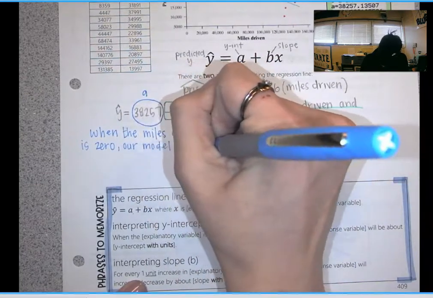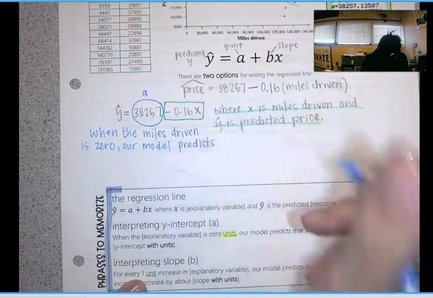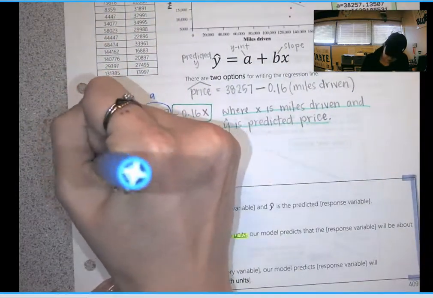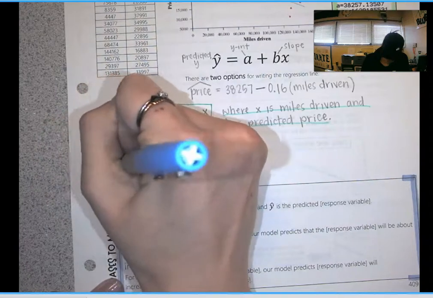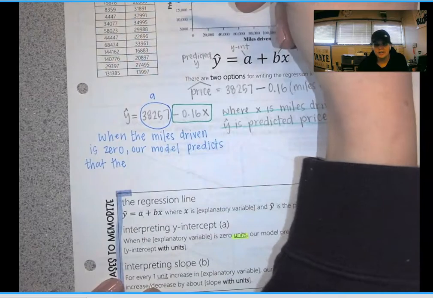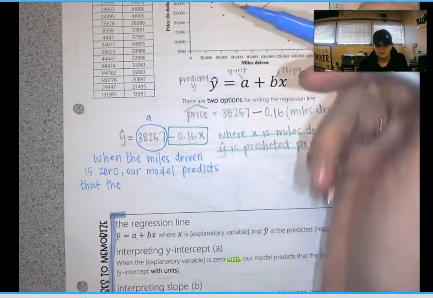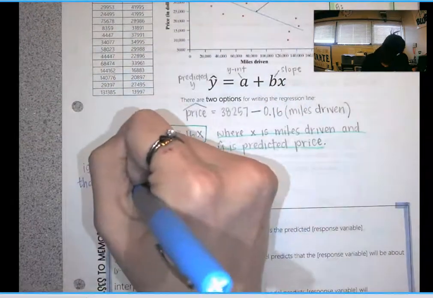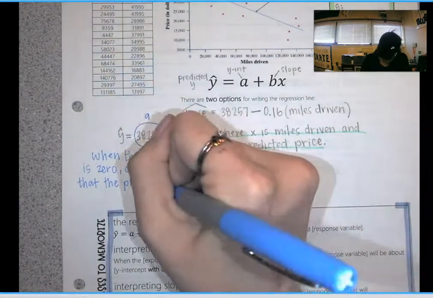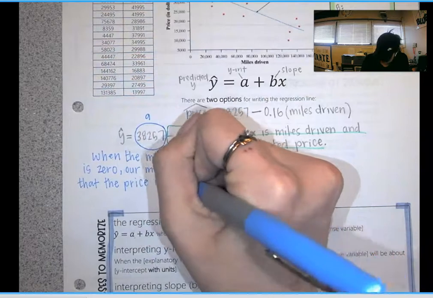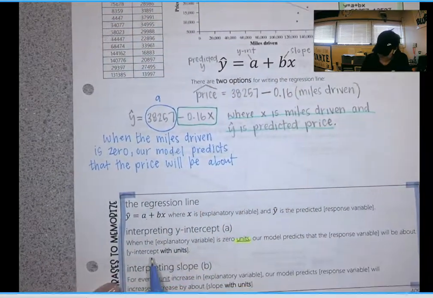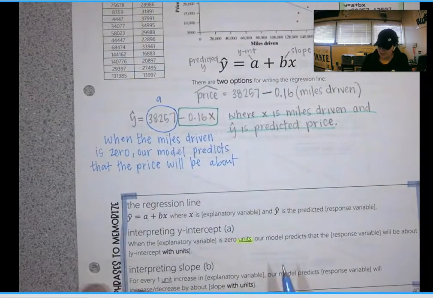predicts that the, and now we want the response variable, so price, coming up here to the graph, price will be about, and then it says y-intercept with units.